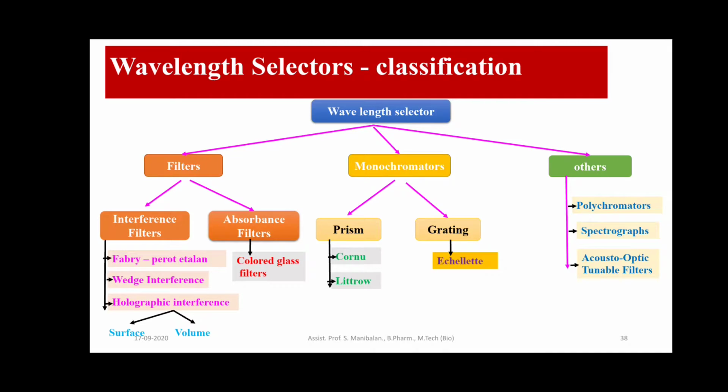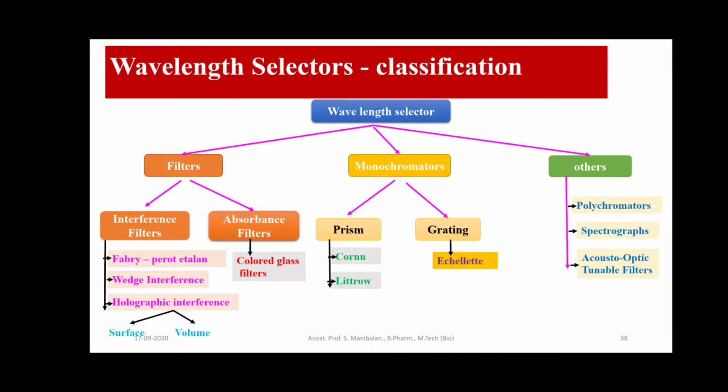That's why it is called an absorbance filter. And monochromators: mono means single, chromator means color. It can produce a single wavelength. It can be divided into prism monochromators and grating monochromators.